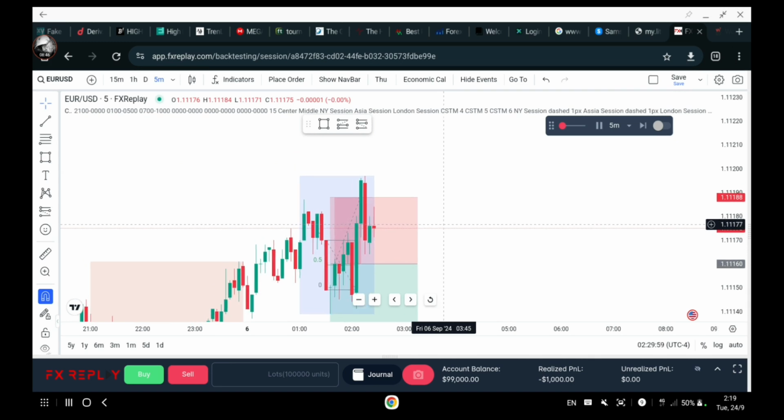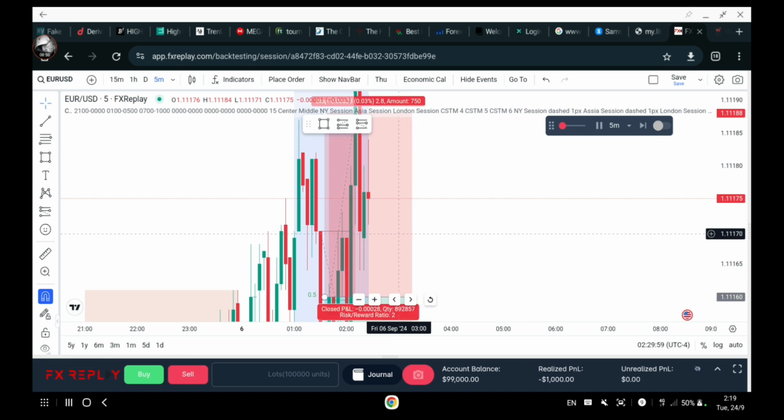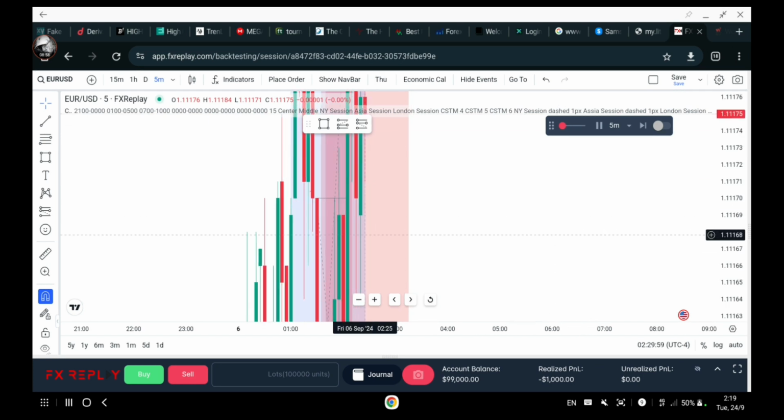And what happened here? Did we get another setup presented? Yes, we got another setup presented right here. Did it actually invert it, or did it just close in the same range? The high of this candle is 11169, and the open of this candle is 11169.